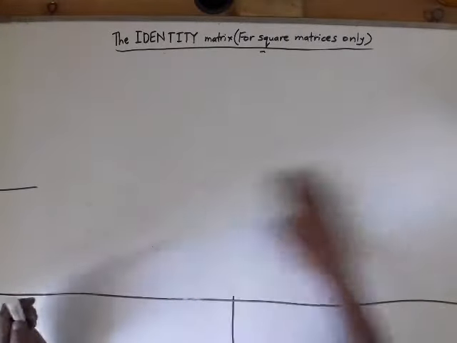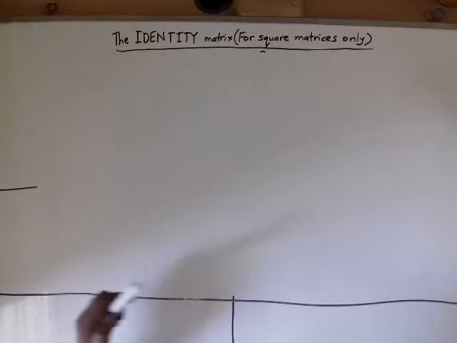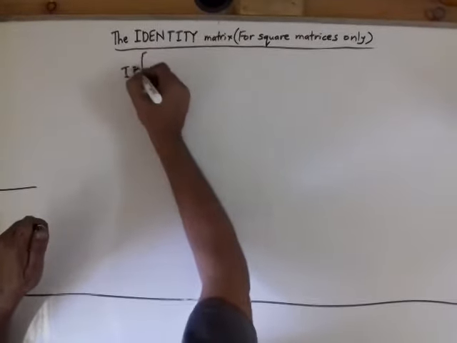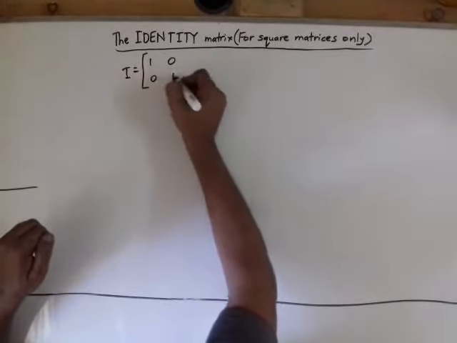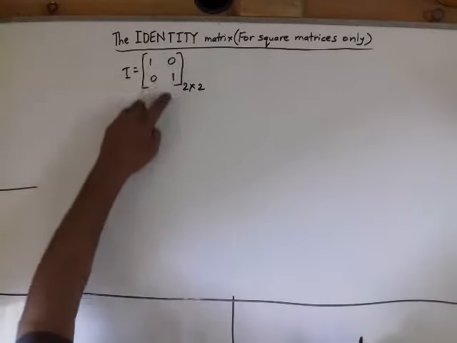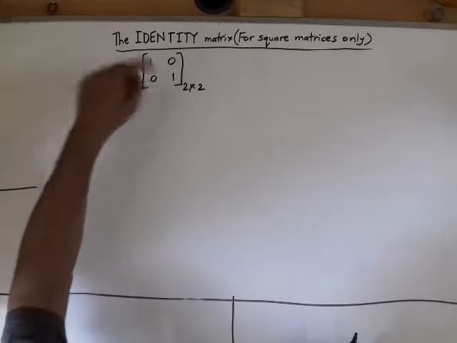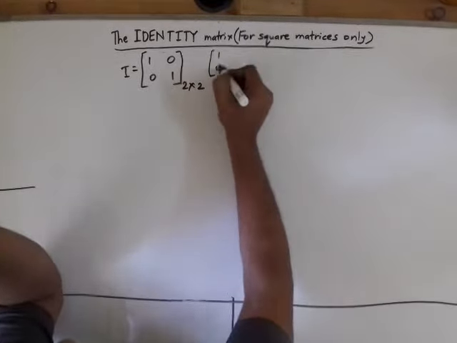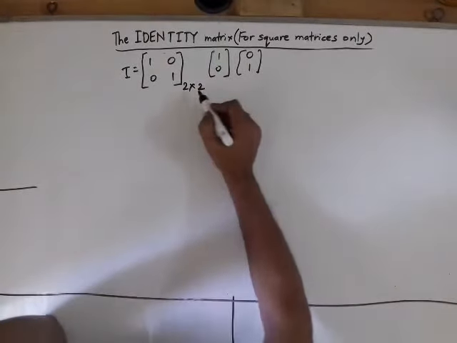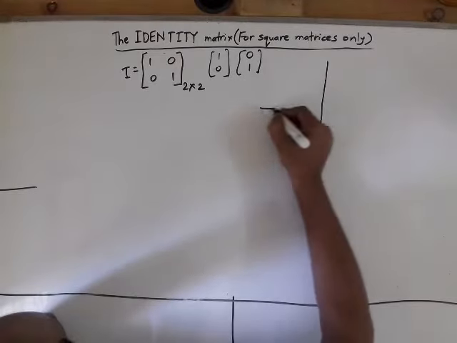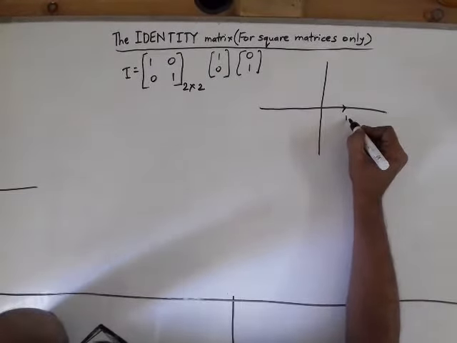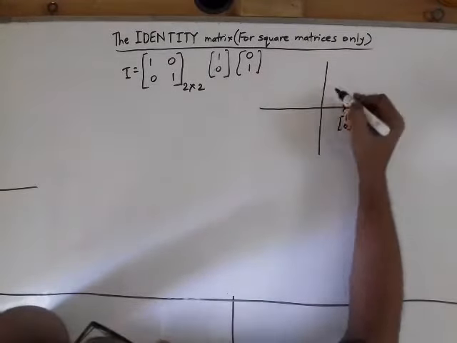Anything else that is special about an identity matrix which might come in handy? Let's take a look. So this is your identity matrix, 1 0 0 1. This is 2 by 2. Now take a look at the column vectors 1 0 and 0 1 and think of them as vectors. This is a 2 by 2 matrix, so I take you to 2D and you'll realize that this vector is here and this vector is here.